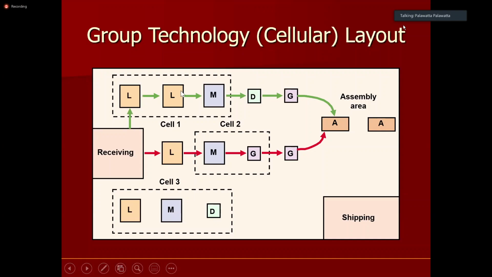Cells essentially function as a product layout. Okay, within the cell, the production process is a product layout.